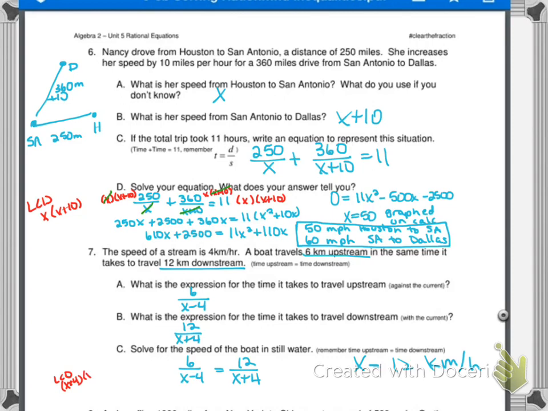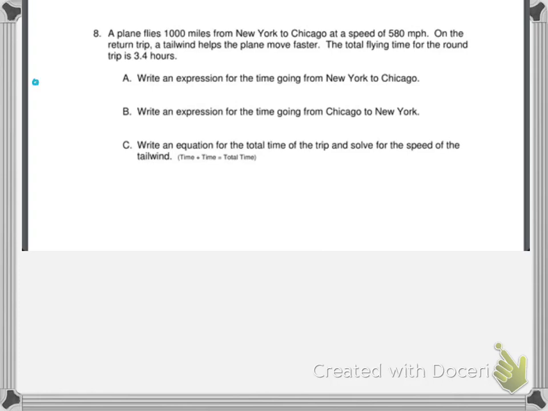Okay, and for the last problem for today, a plane is going from New York to Chicago and back again. So it's 1,000 miles, and they go at a speed of 580 miles per hour on the way there. And on the way back, we just know that it's faster.